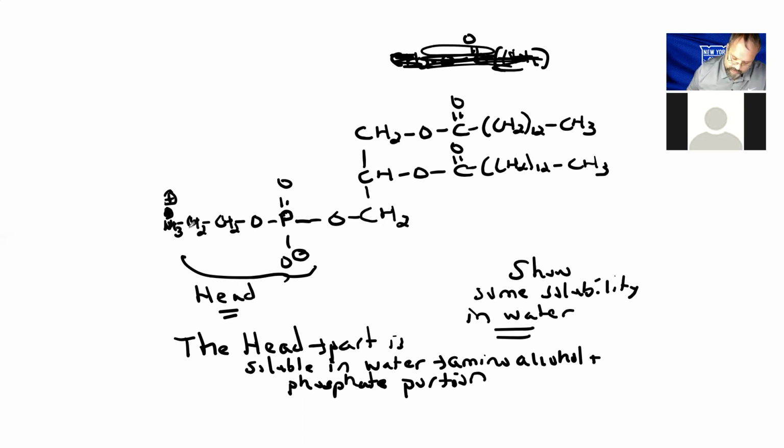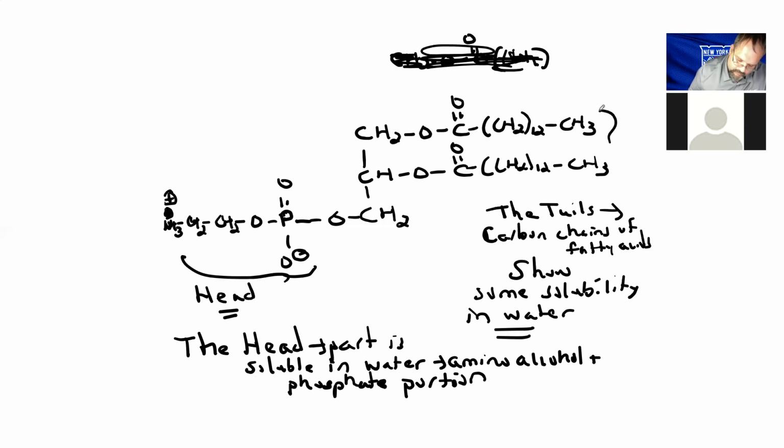Now, the other region of a glycerol phospholipid is what is known as the tails. The tails of a glycerol phospholipid are the carbon chains of the fatty acids. So these regions over here would be the tails of a glycerol phospholipid. So you think about a diver diving into water, your head would be the head, your legs would be the tails.